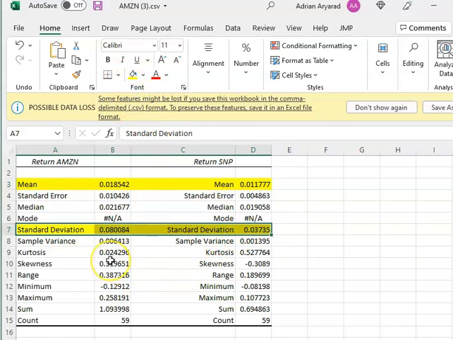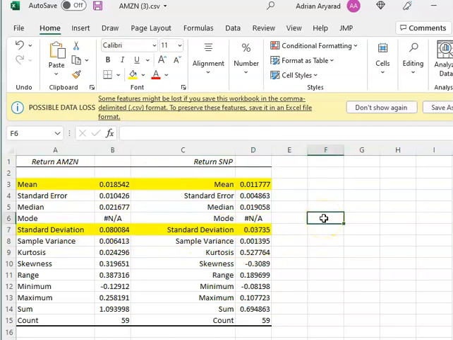So as I said, standard deviation is a measure of variation of return values. Which of these two, S&P or Amazon, has a higher standard deviation? Of course, Amazon has a higher standard deviation, which is higher variation.